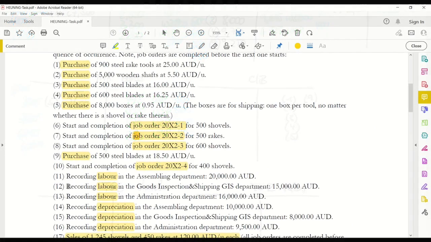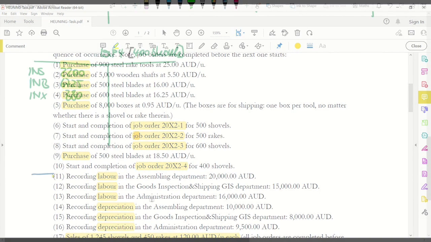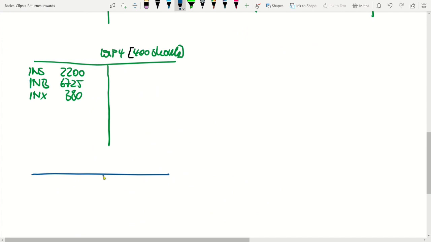By the bookkeeping entries 11, 12 and 13, I record labor in the assembling, goods inspection and admin department. In the first place, we have to make a bookkeeping entry for the recording of labor. Thereafter, we record the allocation to the manufacturing overhead accounts. I record 3 accounts.